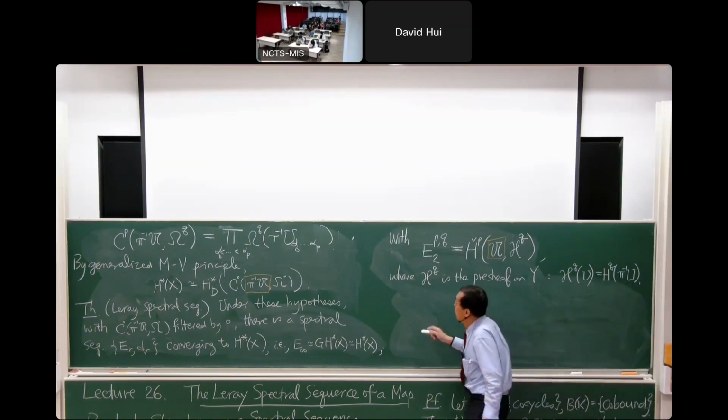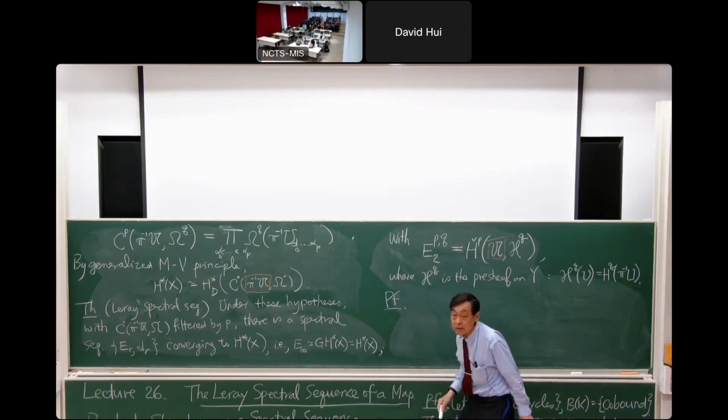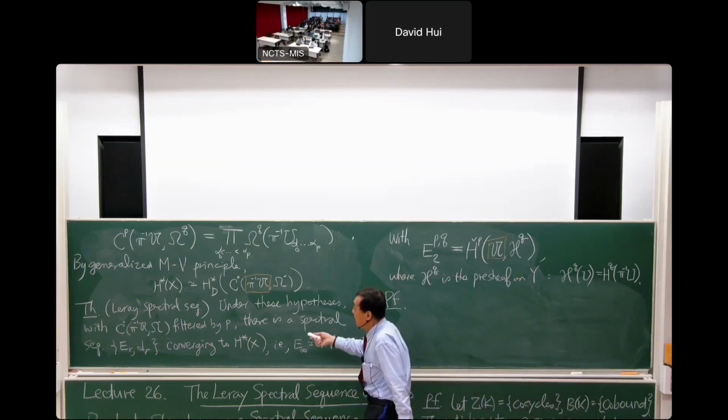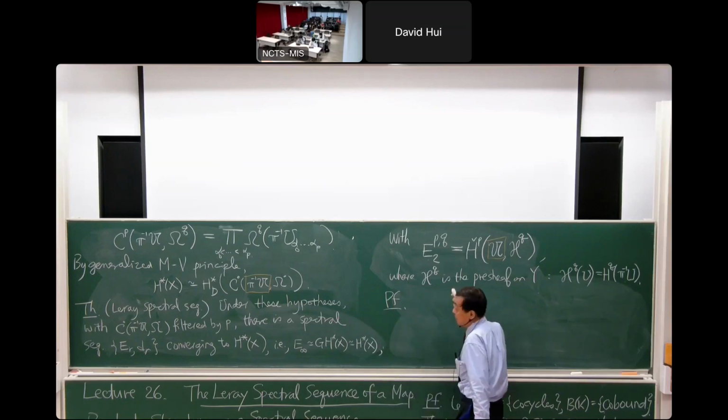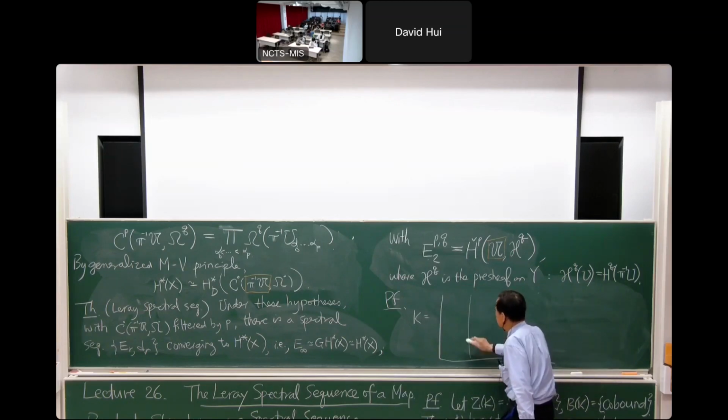So the main thing is just to identify the E2 term. And it's very easy, by what we have proven. We start with K, which is the Cech-de Rham complex.